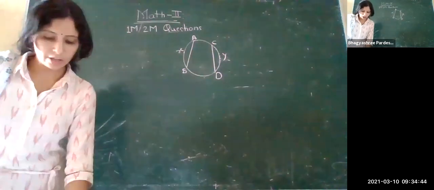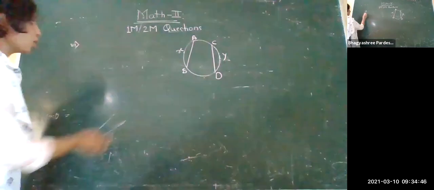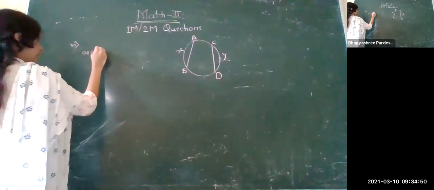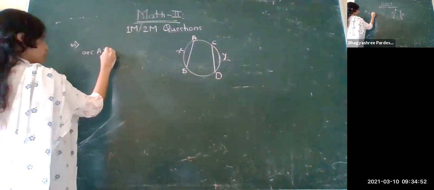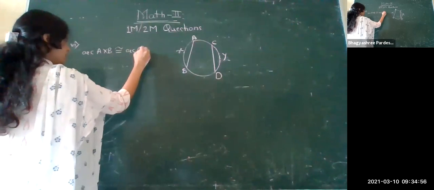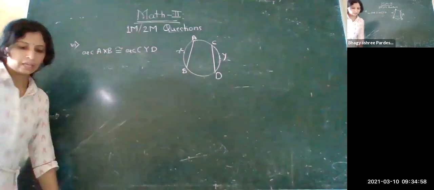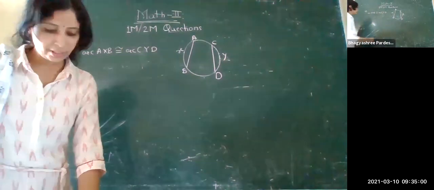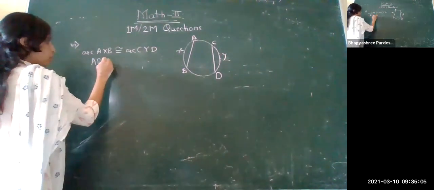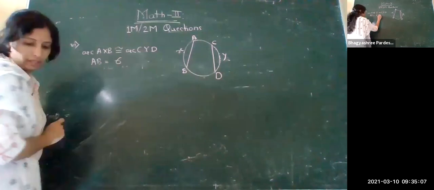In this figure, arc AXB is congruent to arc CYD, given to us. Then what is the next given thing? The measurement of AB is given to us, that is equal to 6 centimeters.